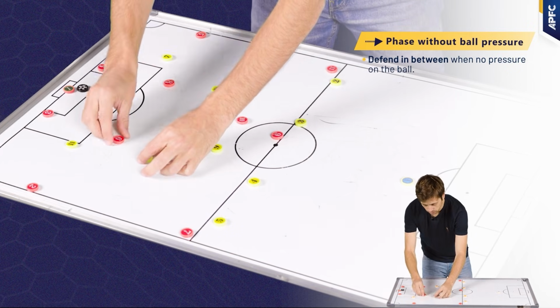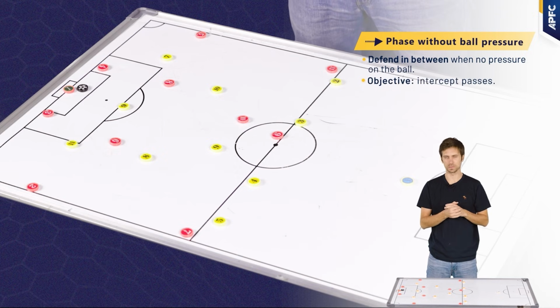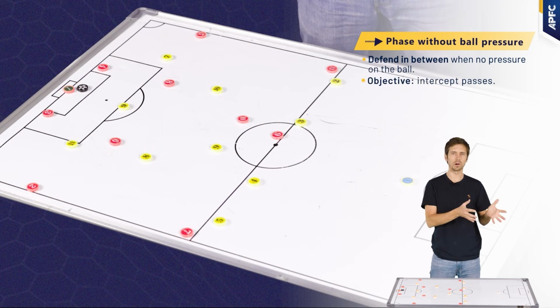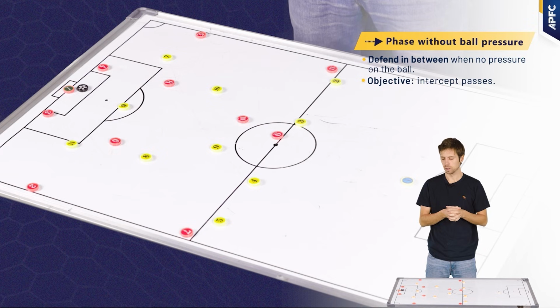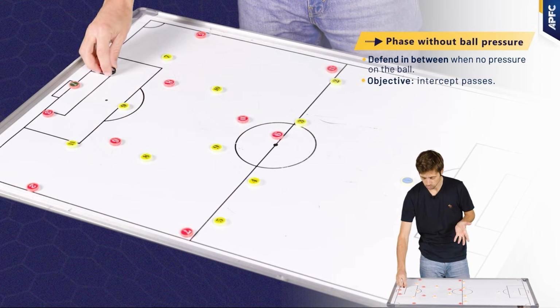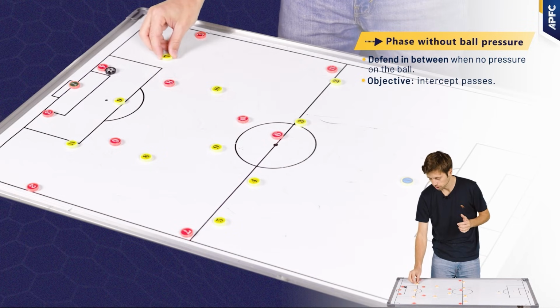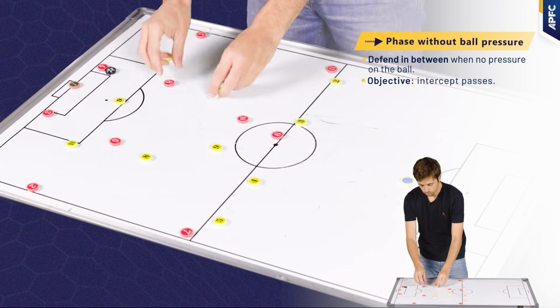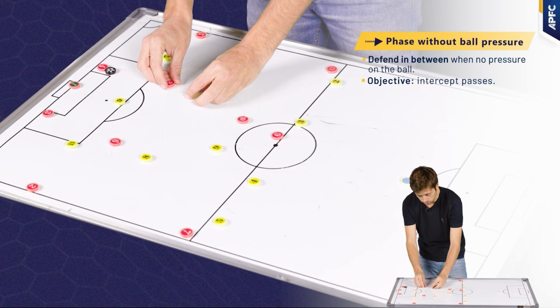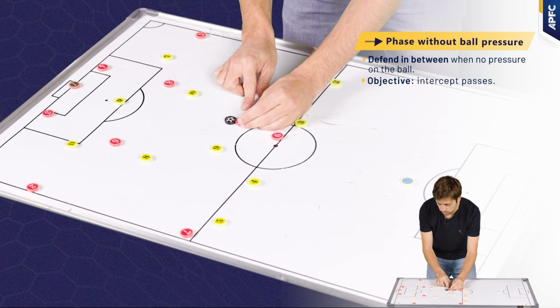So we must understand that when we are in this pressure, there are 2 different outcomes that we would like to happen. One, that we are able to intercept a ball. For example, they play out to the goalkeeper, number 6 and number 9 go a little bit closer, number 7 goes a little bit closer. We go a little bit closer but not man marking, and we lead them into thinking that they can play a longer pass to number 10.